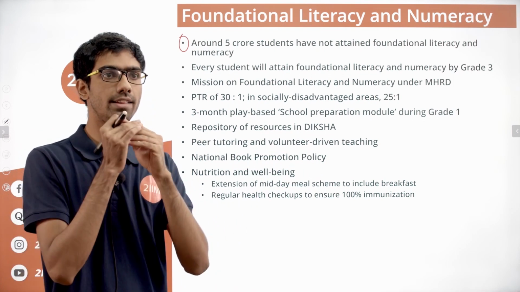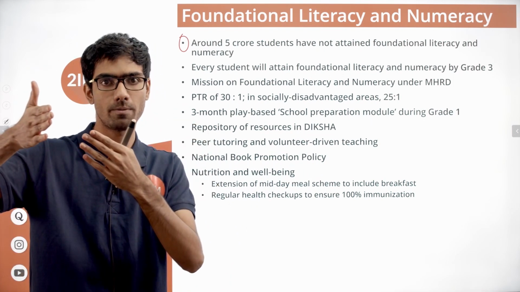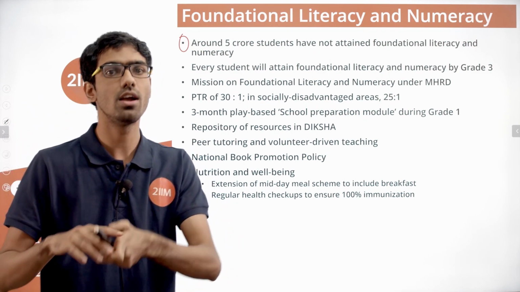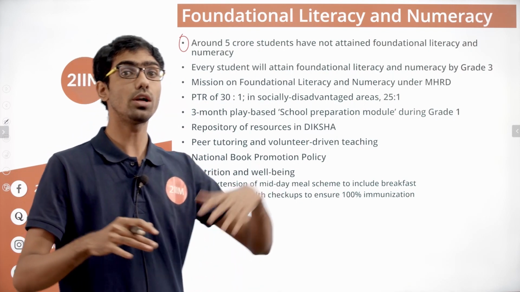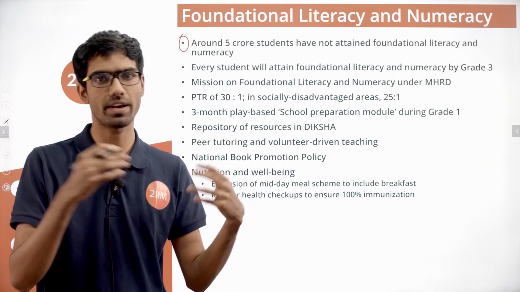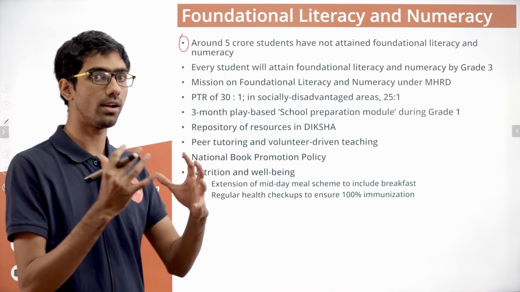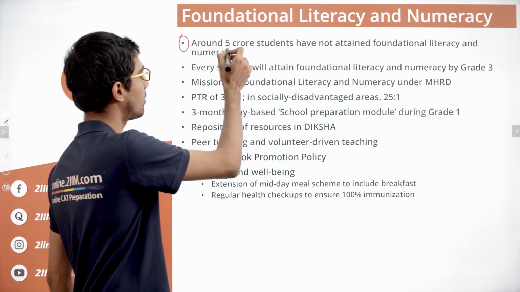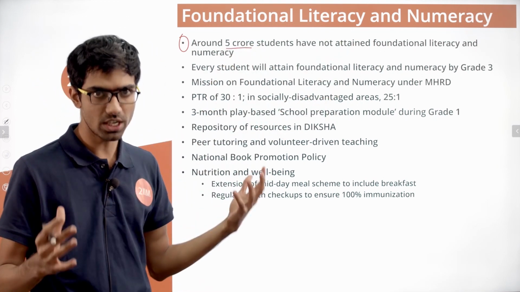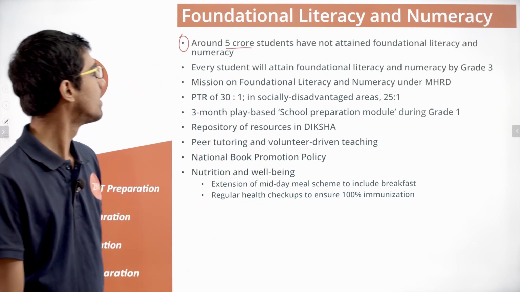One, they are in school but have not come up to the level that they can be called masters in foundational literacy, or they are totally out of school that they do not even know what foundational literacy and numeracy and the basic ideas of writing, speaking, etc. are. So these 2 types of students occupy a major chunk, which comes out to be around 5 crore in number. So there are these many people who have not attained foundational literacy, and this becomes a huge focus area in terms of the policy itself.